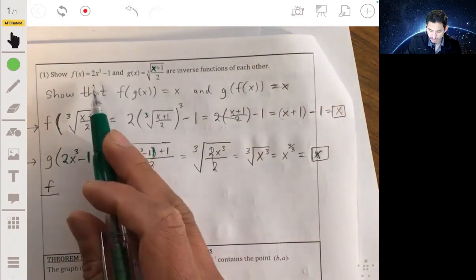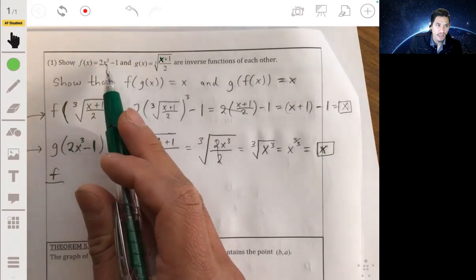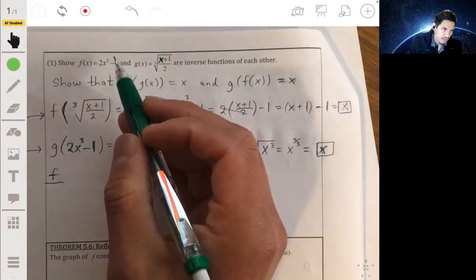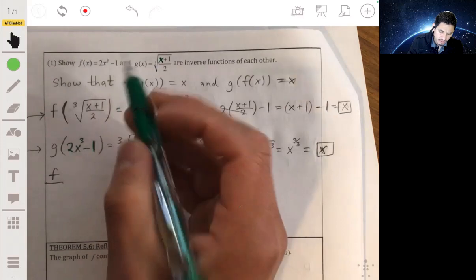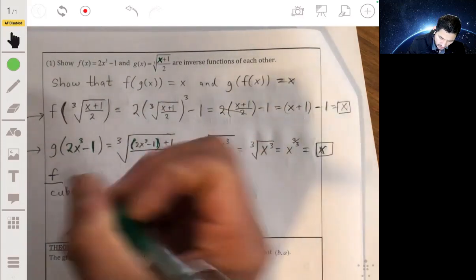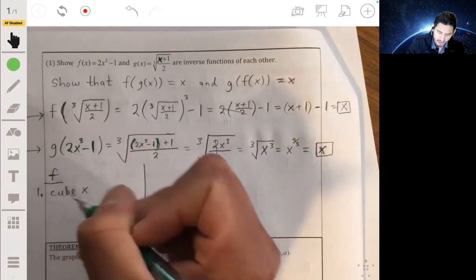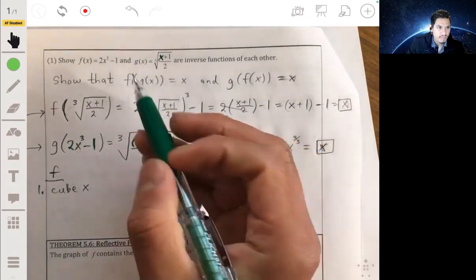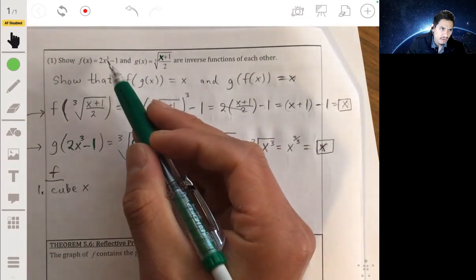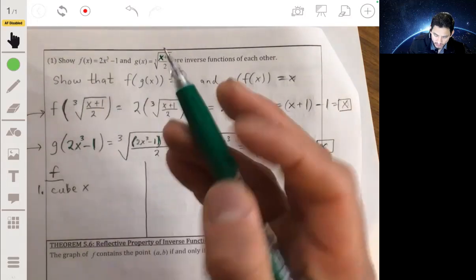So what I mean is, for f, what am I doing to x first? I'm cubing x. So the first step is cube x. Step 1, I cube x. Then what do I do? Well, after I cube x, I multiply by 2.